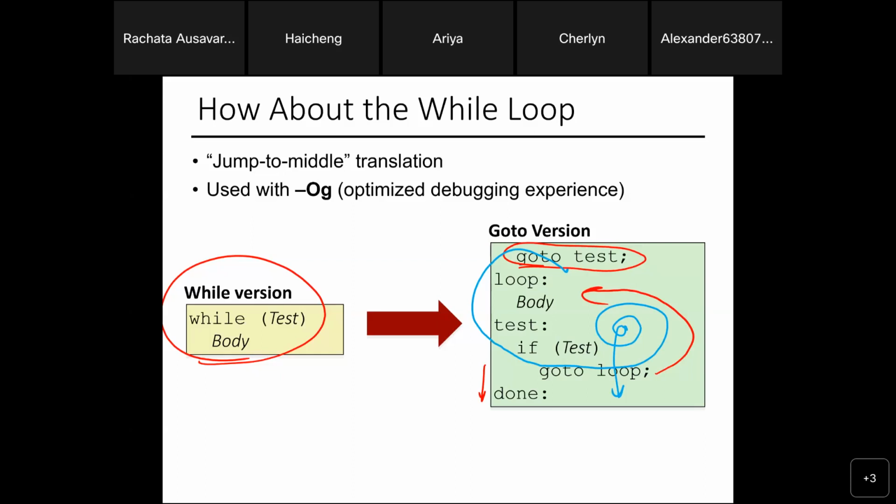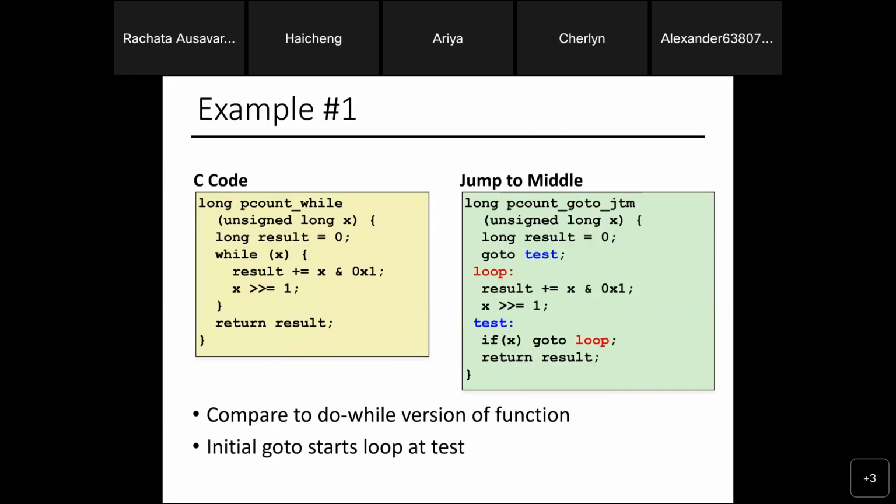The reason we call it jump to the middle is that the loop test is in the middle here. The first thing you do is break this flow and jump to the middle of your loop to do the checking first. That's why the technique is called jump to the middle, right? What line would you have in the loop body which goes and checks the test again to go in the while loop?